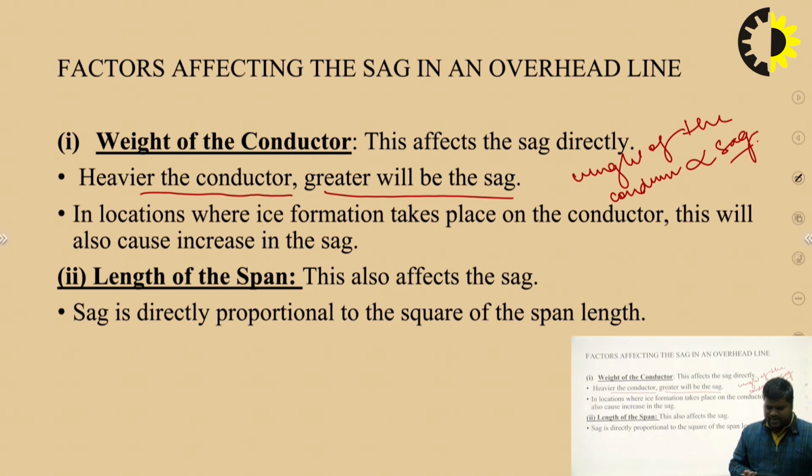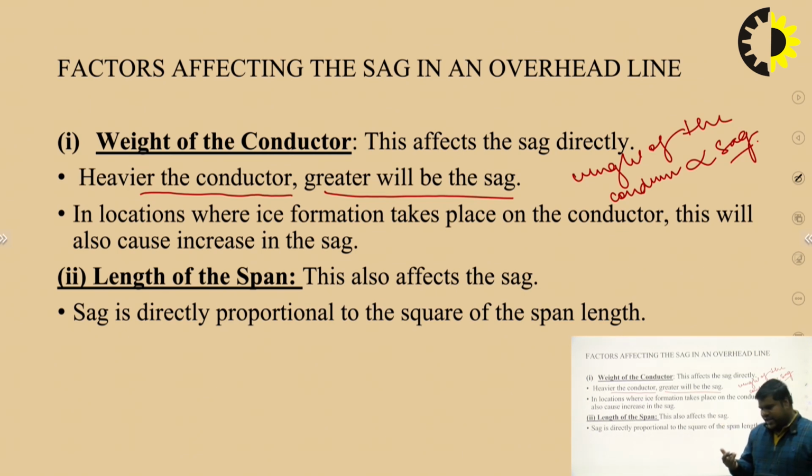In the rainy season, some ice forming would take place on the conductors of overhead lines in hilly areas, as well as in the winters. So the sag will be high.